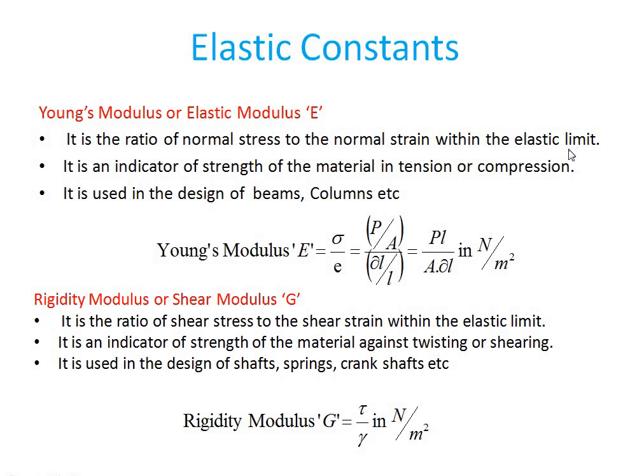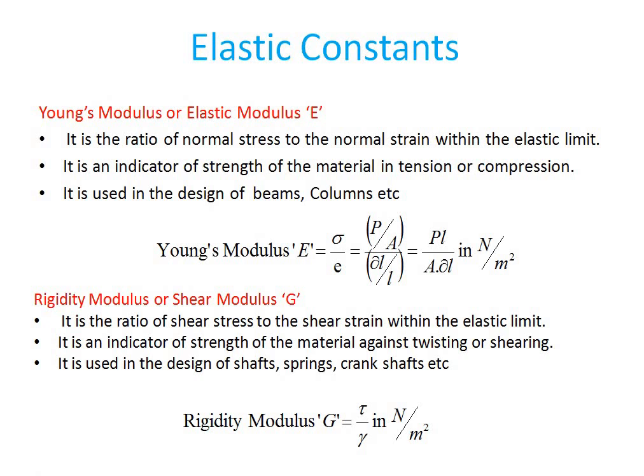Elastic limit is the limit of loading up to which the material, upon release of load, comes back to its original position or original dimension. We call it the elastic limit. So once again, keep this in mind: within the elastic limit, it is the ratio of normal stress to normal strain. It is an indicator of the strength of the material in tension or compression, right?